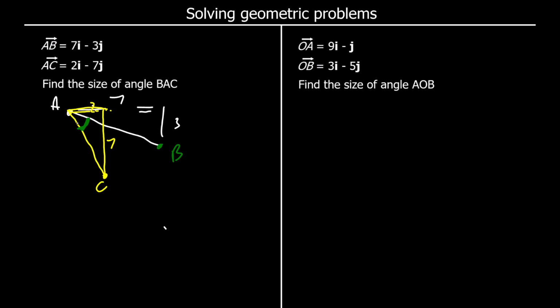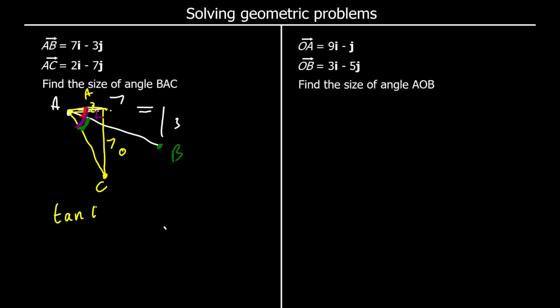So we could work out this total angle here, which is the angle AC makes with the x direction. That's part of this right angle triangle here. And then work out this little one here. We could take one away from the other. So we could use SOHCAHTOA twice. For the yellow triangle, we've got the opposite and the adjacent, so it's tan.